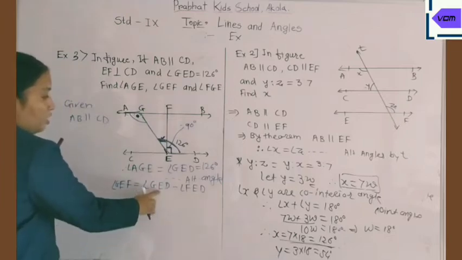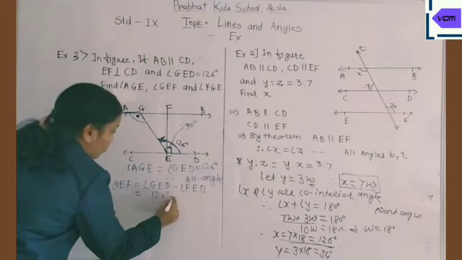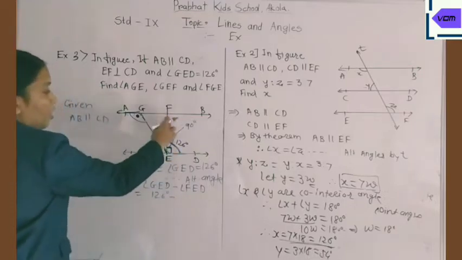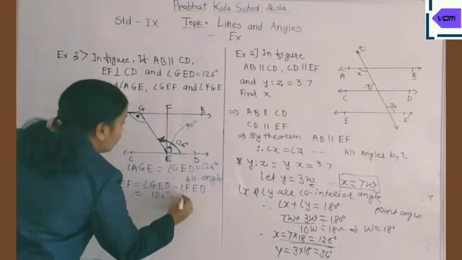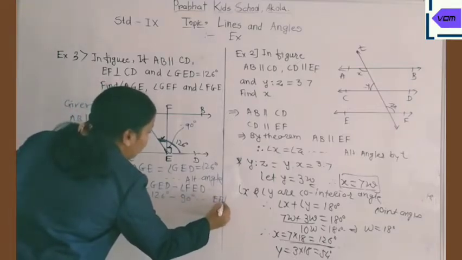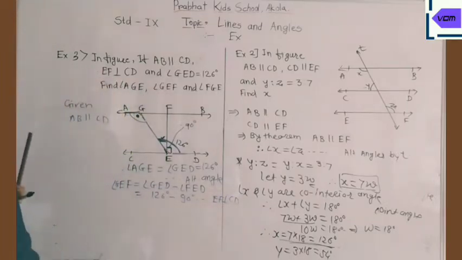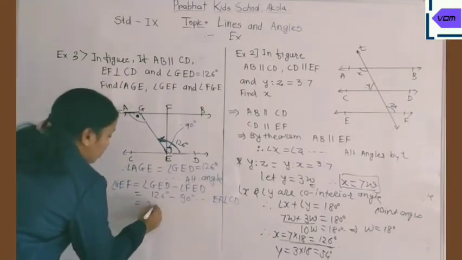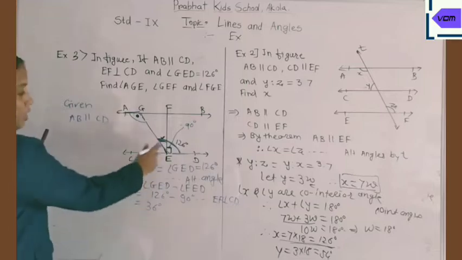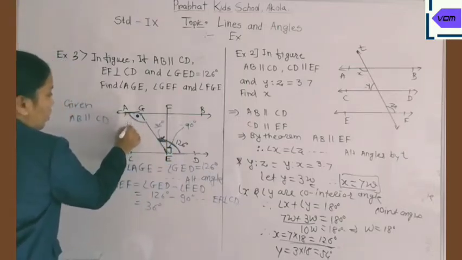Now GED is 126 degrees minus this one, as EF is perpendicular, therefore this is 90 degrees. Reason: EF perpendicular to CD. Therefore it is 36 degrees. Now you got this as 36, this is 126.